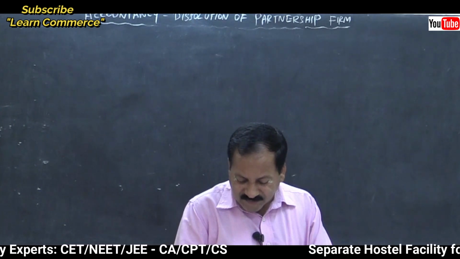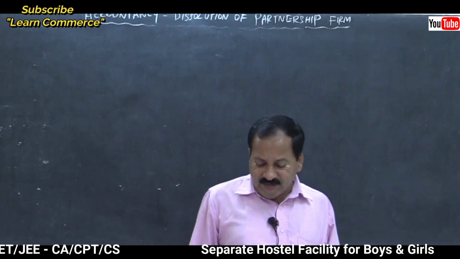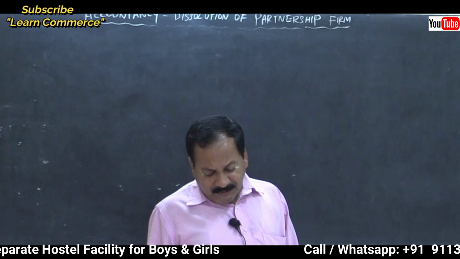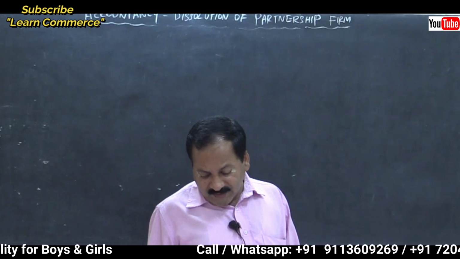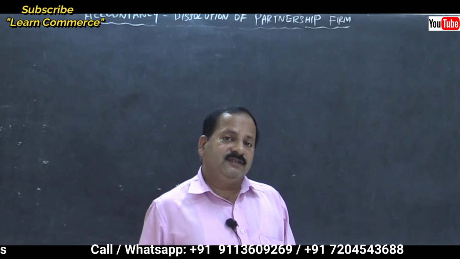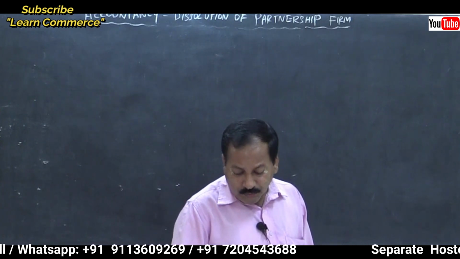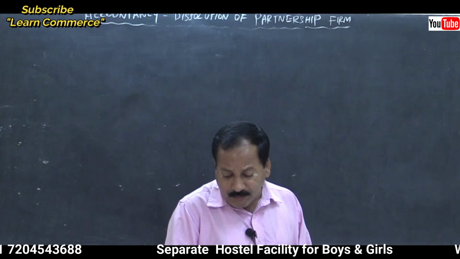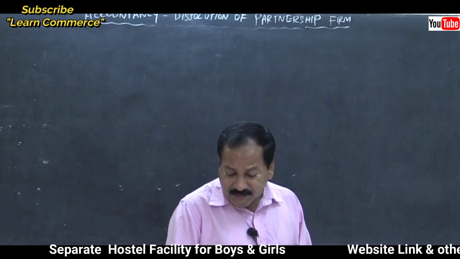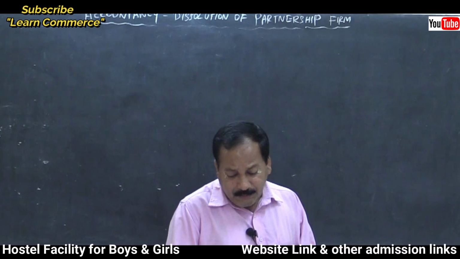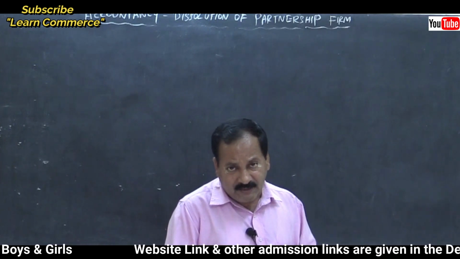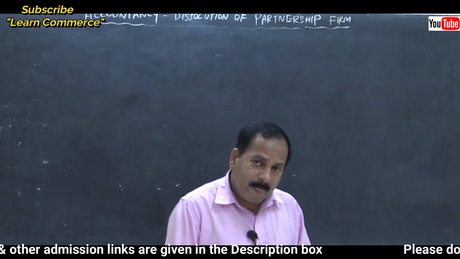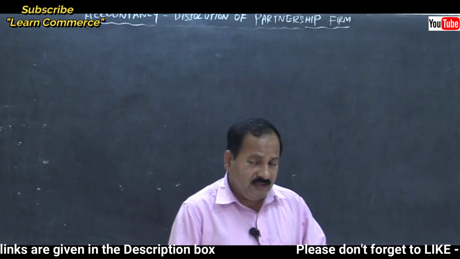Let us move on to the adjustment part. On the above date, the firm was dissolved and the following agreement was made. Tanu agreed to pay the bank loan and took away the sundry debtors. Agreed to pay the bank loan means liability taken over, and took away the sundry debtors means asset taken over.